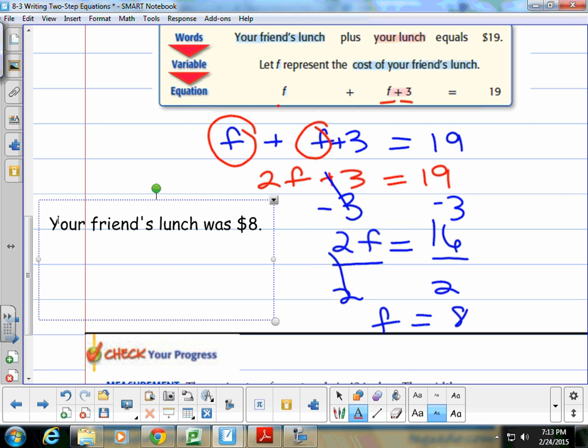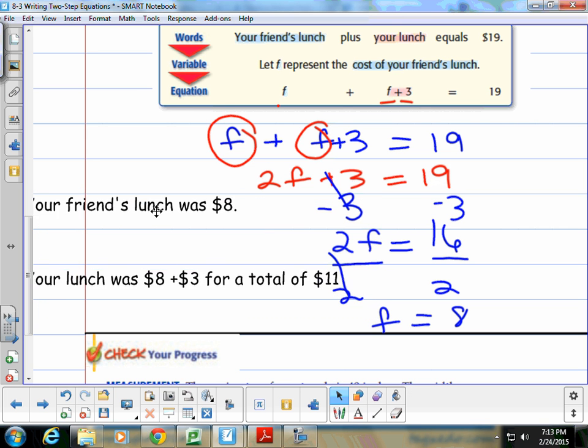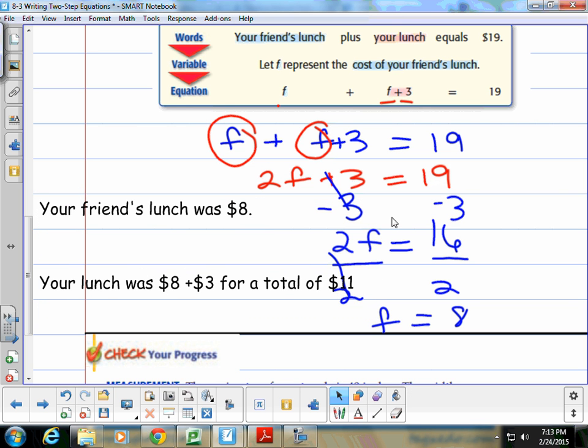You could also infer that your lunch was $8 plus $3 for a total of $11. And that would make sense because 11 and 8 add up to your total of 19.